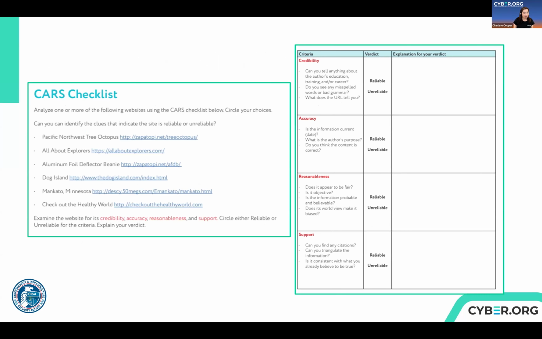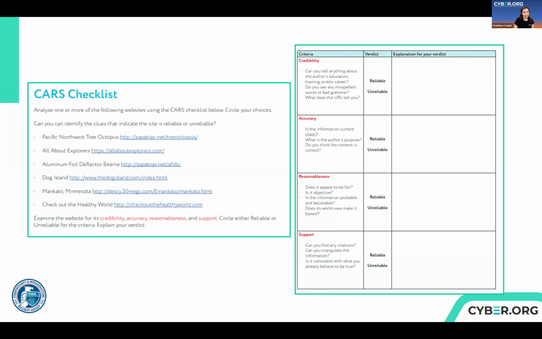We have some sites that they can visit, and then they're going to go to these sites and look for these clues of credibility, accuracy, reasonableness, and support. And then as they're looking for these clues throughout the article, they'll have a verdict: as far as credibility, is it reliable or unreliable, and why.